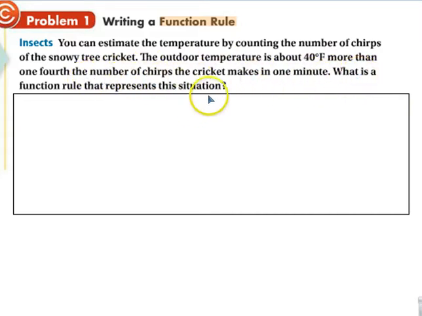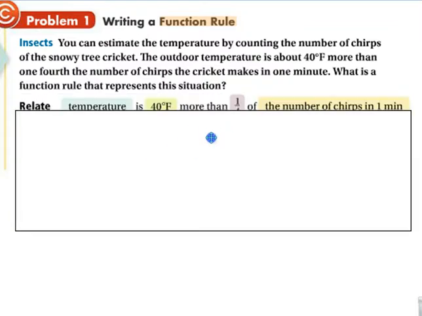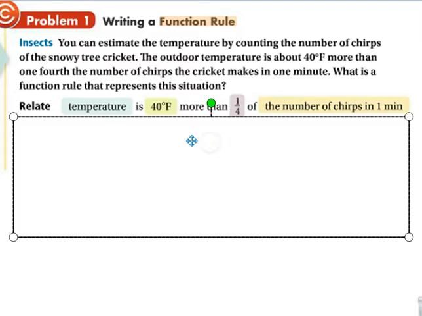What is a function rule that represents this situation? So the temperature is 40 degrees Fahrenheit more than 1/4 of the number of chirps in 1 minute.